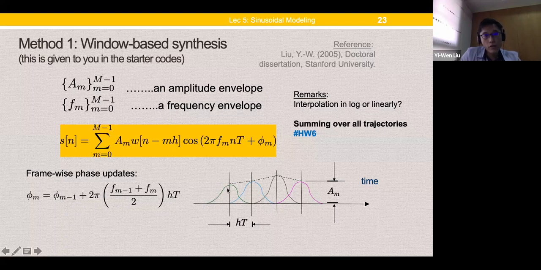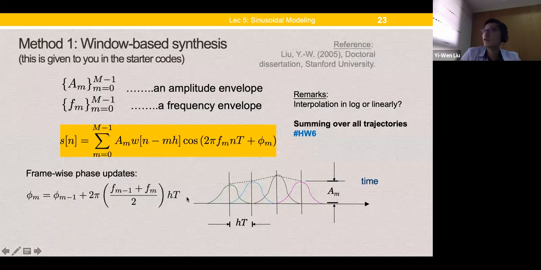As the signal is changing its frequency ever so slightly, how do we update the phase? This is important. This is in my dissertation. I suggest that the phase increment should be 2 pi times the average frequency times the length of the hop size.